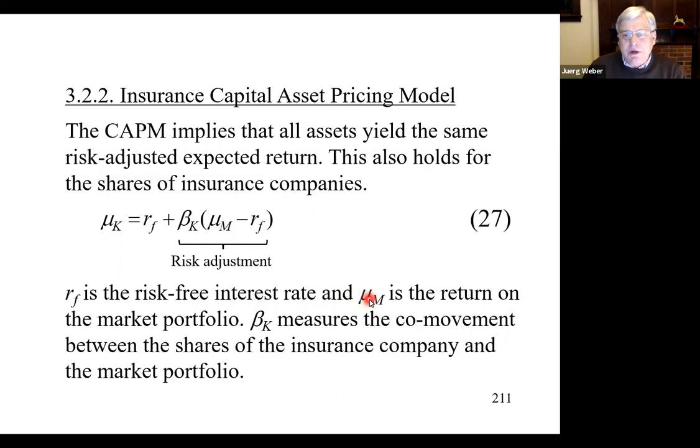So mu m shows the weighted average of the returns of all shares in the share market. Now beta k measures the co-movement between the return on equity of the insurance company and the weighted average return of all shares in the share market.